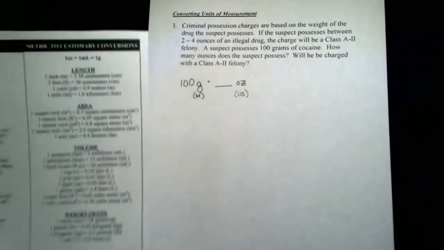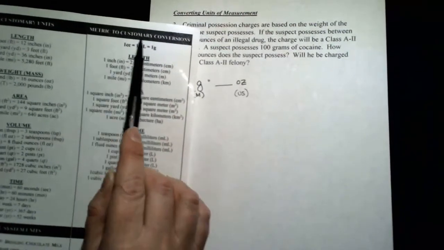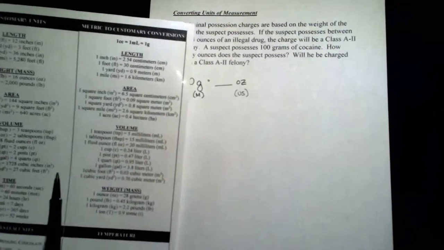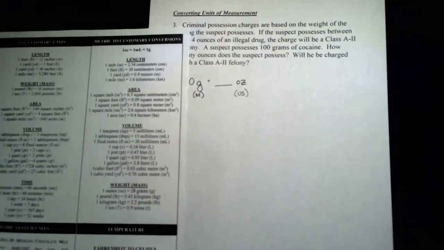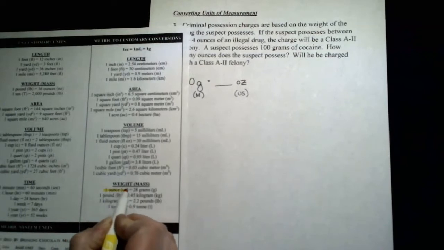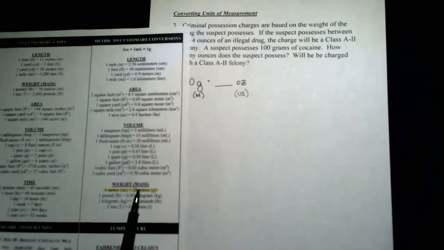And this time, before I even get started, I'm going to look and see if I can do it. So on the right side of the paper, these are the metric to the US measurements. So I'm looking for grams and ounces, which is the measurement of weight. And on the bottom here, I see that 1 ounce is the same as 28 grams. So I can do this conversion using unit fractions. And that's the information that I need right there.